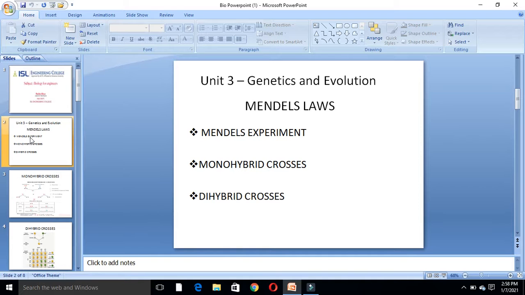Mendel selected the edible pea plants for his experiments and carried out his experiments in the monohybrid cross and the dihybrid cross.